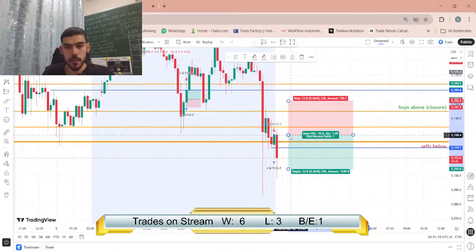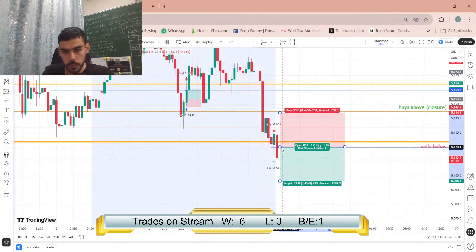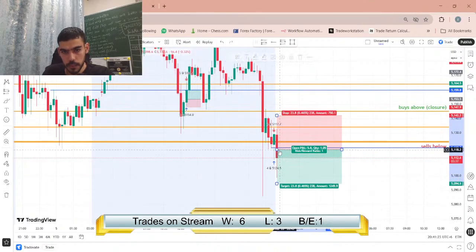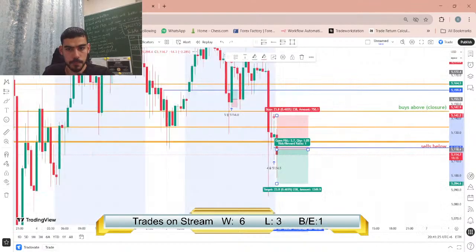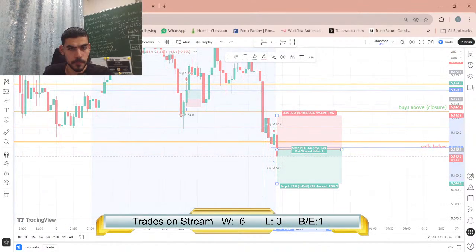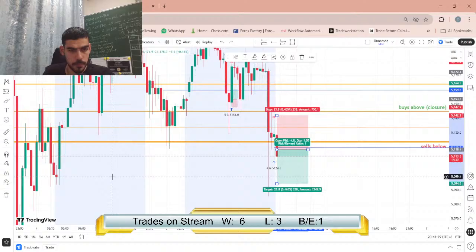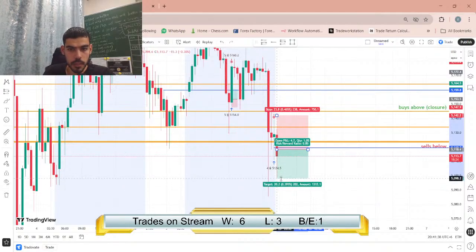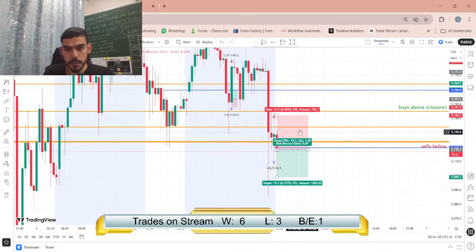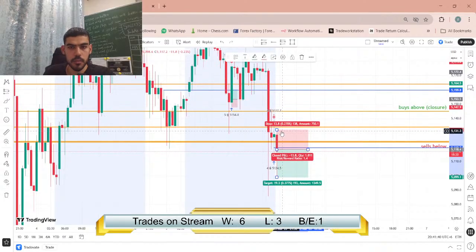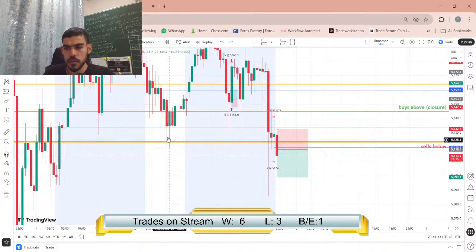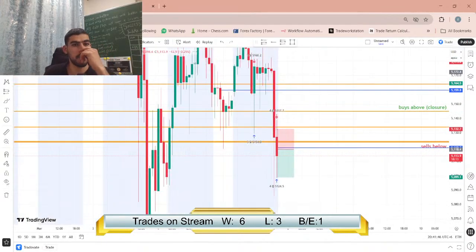So my entry was about here, exactly where I expected it to hit. But the stop loss, I think the stop loss was a little bit small. Yep, that's all. Stop loss was a bit small.